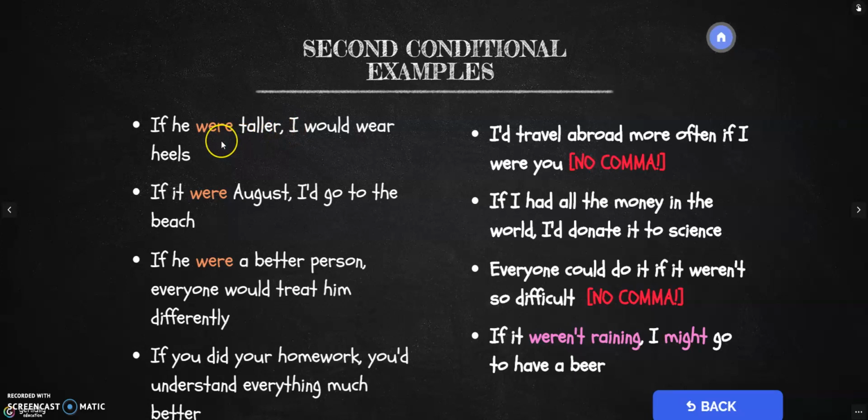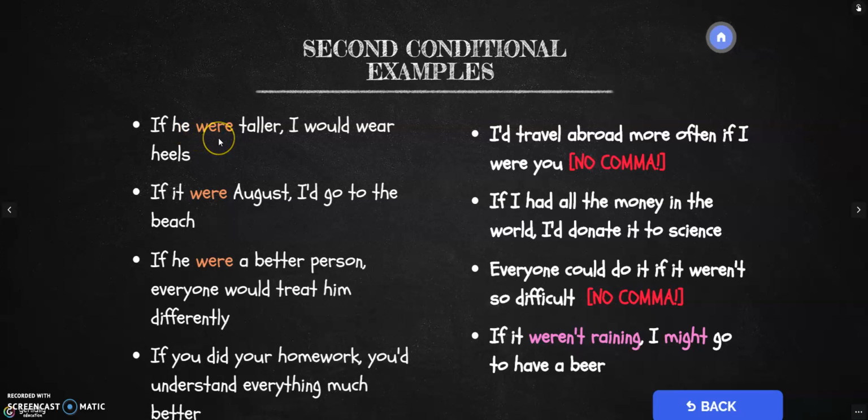So as you can see, I have: if he were taller, I would wear heels. Si él fuera más alto, yo me pondría tacones. I'm sure that many of you must be wondering why I'm not using was in this case, because the subject is he.